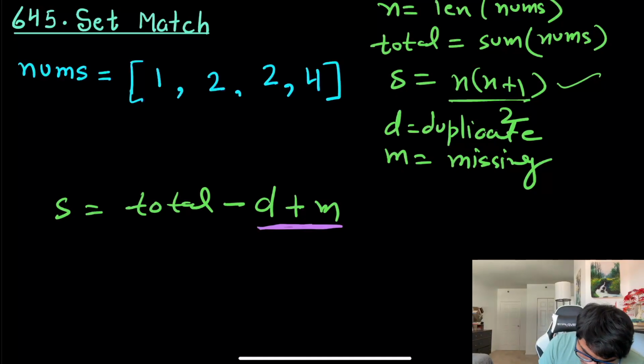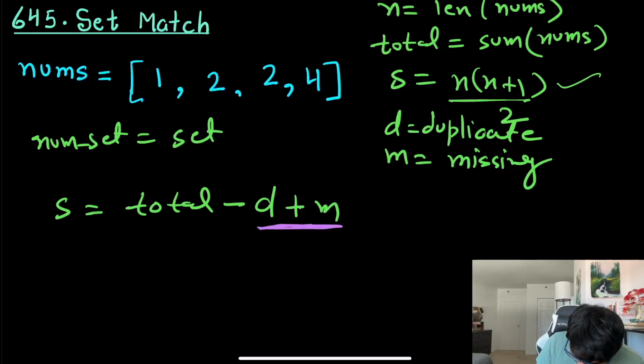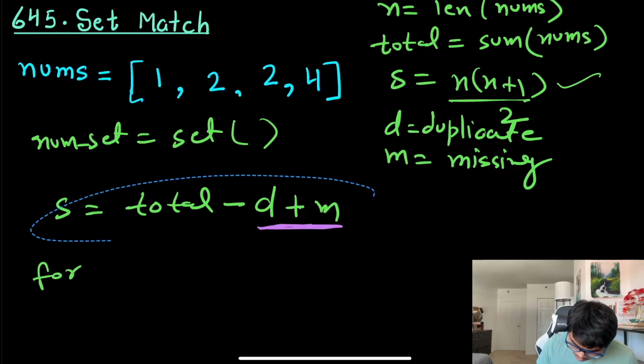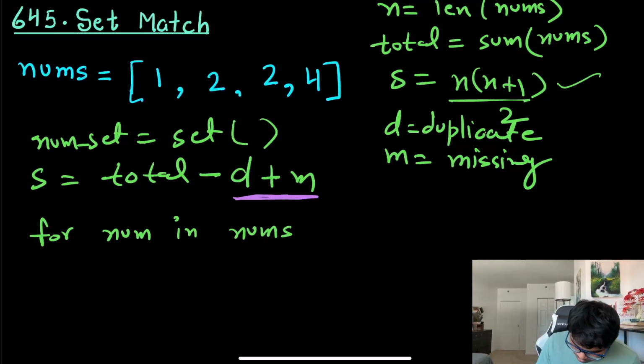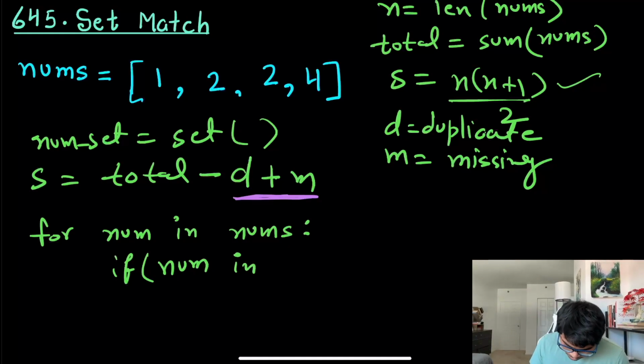Okay, I'll use a set, so that I'll call num set, and in this set, when I'm going through these nums, I can say for num in nums, if this num is in already my num set, see like what I'm going to do here.